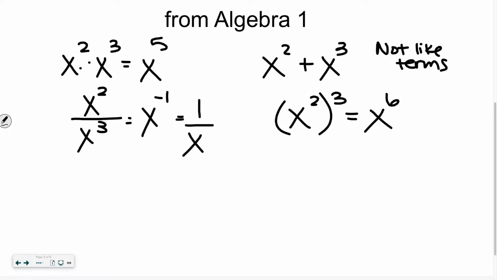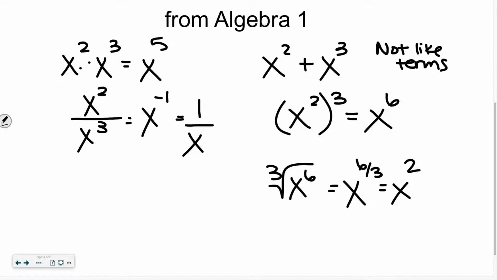So remember when we would do things like, what is the cube root of x to the 6th? X squared. We could really write that as a fraction exponent. The root is always in the denominator. So this is like x to the 6 over 3, which is x squared. And technically we could do, what's the cube root of x to the 7th?